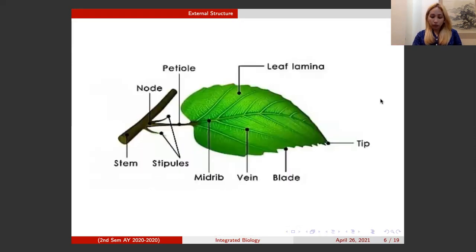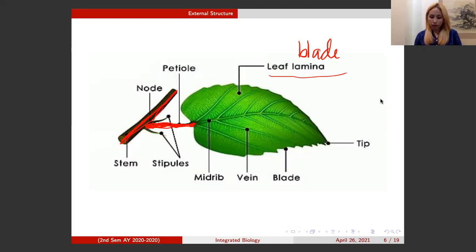So in terms of the parts of the leaf, the external structure, the morphology, this would be the leaf lamina, also known as the leaf blade. So that's your leaf blade. The stalk that holds the leaf, connecting the leaf to the stem, is of course what we call the petiole.